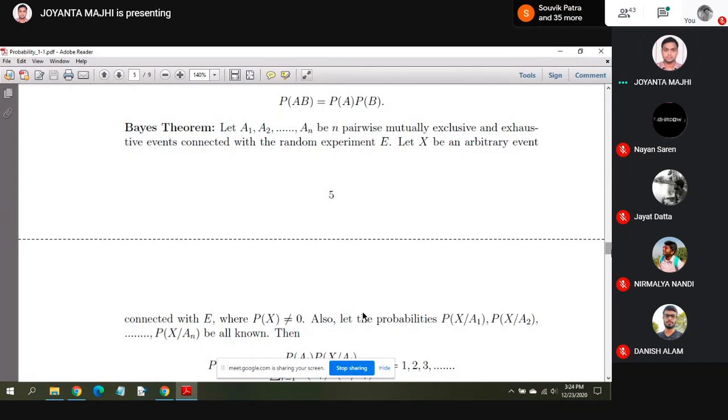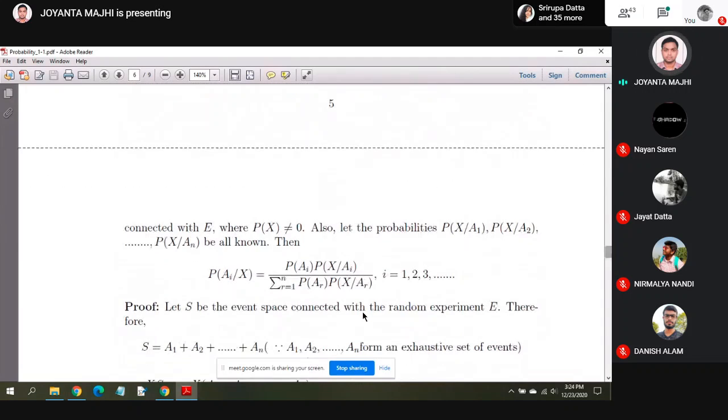Also, we know that all the conditional probabilities X by Ai are known. Then Bayes' theorem says that probability of Ai by X is equal to probability of Ai into conditional probability of X by Ai, divided by this expression. Now we try to prove this.